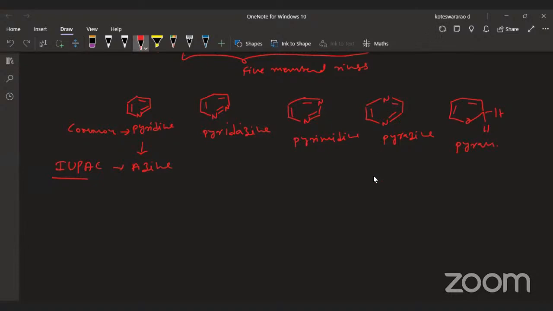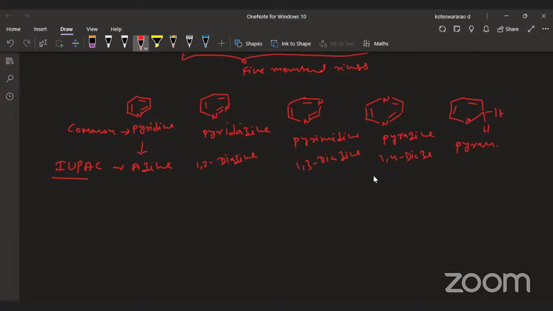Azine. Azine is a simple nitrogen containing 6-membered ring. This is diazine, 1,2 diazine. It is 1,3 diazine. It is 1,4 diazine. Right.